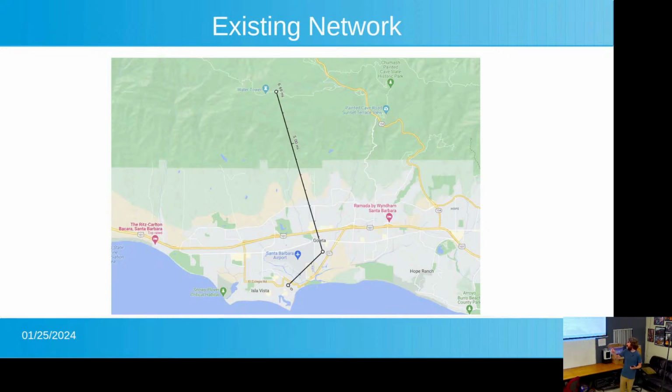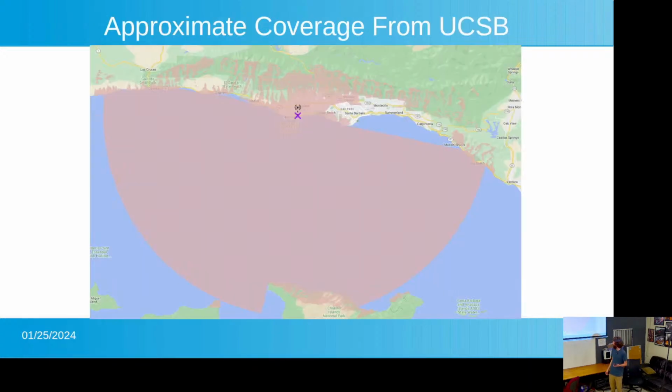So my existing network is these 3 nodes. There's one somewhere at UCSB, one on the roof here, and then one, it's roughly where it is, up on West Camino Cielo. We've done a little bit of testing out into the channel. Here we go.